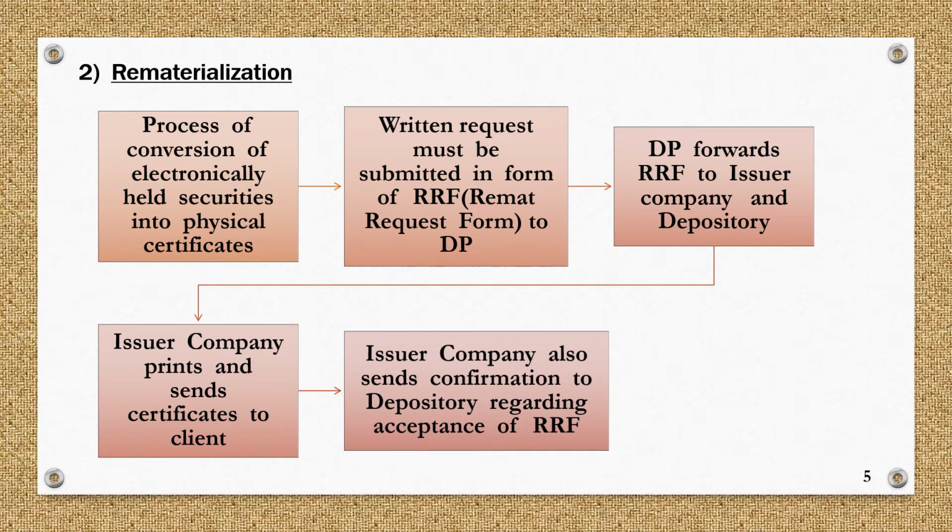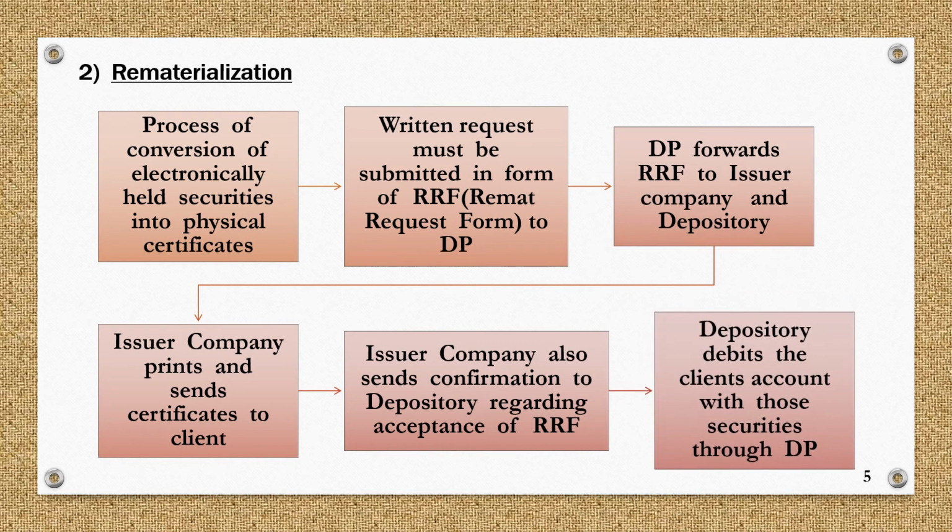Along with that, the issuer company also sends confirmation to the depository saying that it has accepted the remat request of client. Lastly, after receiving confirmation from issuer company, the depository debits the account of the client with the securities. However, it does so through the depository participant.